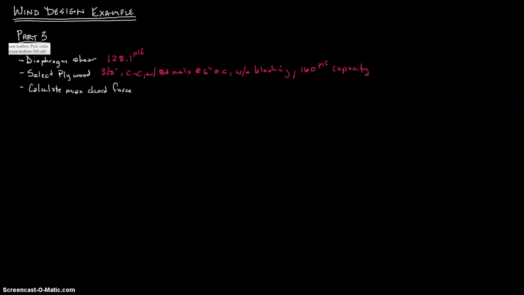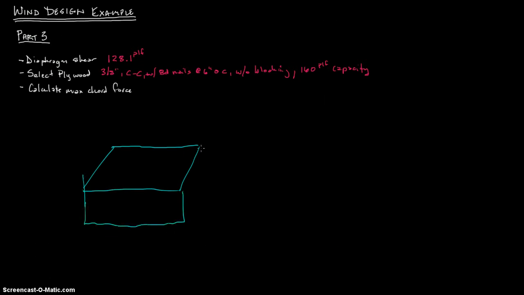I'm going to go ahead and change colors. For me, the easiest way to look at this, remember, is here's your diaphragm, and if you're looking at it like this, here's the building. I believe this building has a parapet, like so. So hopefully my drawing is making sense.